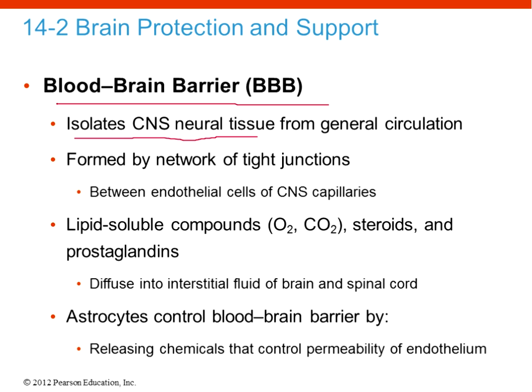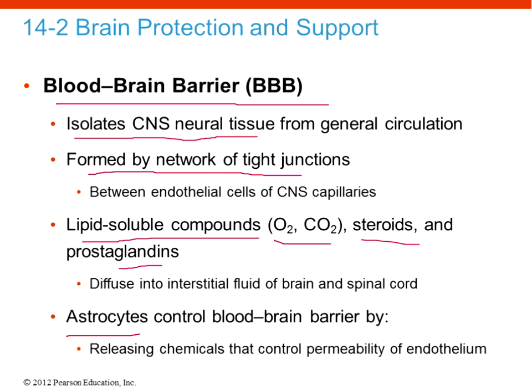So we collectively call that the blood-brain barrier, where the central nervous tissue is isolated from the general circulation. This is formed by a network of tight junctions that is very selective. It only allows certain compounds, like lipid-soluble compounds, like oxygen and CO2, of course, certain steroids, certain prostaglandins, to diffuse into the brain and the spinal cord, right? Everything else is going to be kept out. And so we call that the blood-brain barrier, because if you allowed these things that are in the general circulation in, it would be far too toxic and potentially damaging to this nervous tissue.